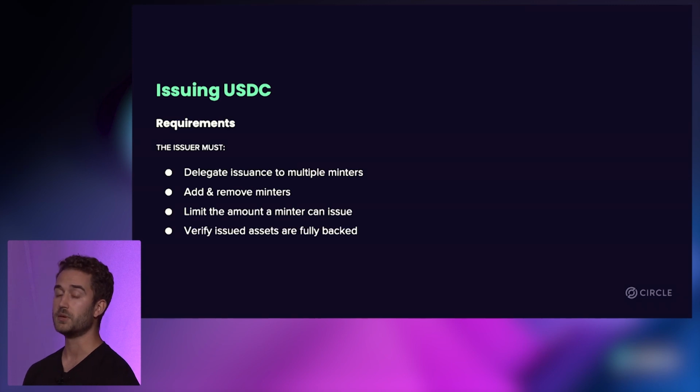They obviously wanted to be able to limit the amount that these organizations could mint at any given time. And that limit had to be defined by the actual assets that were backing the USDC that would go on chain. So with these requirements, they started looking at Stellar and found a few challenges.